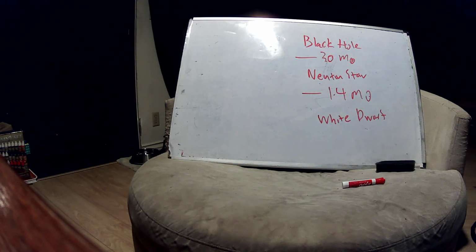Now, it's tempting to think that because black holes have this crazy gravity well, and light cannot emerge from inside the event horizon, they're impossible to see.